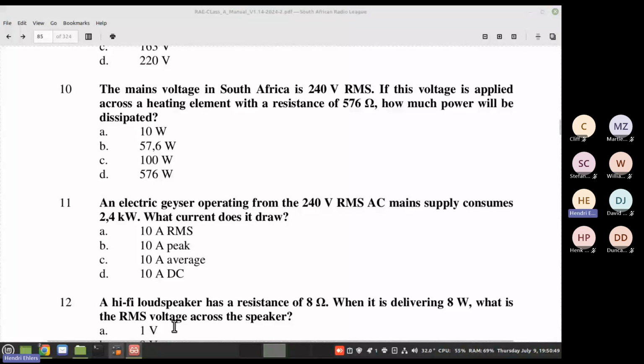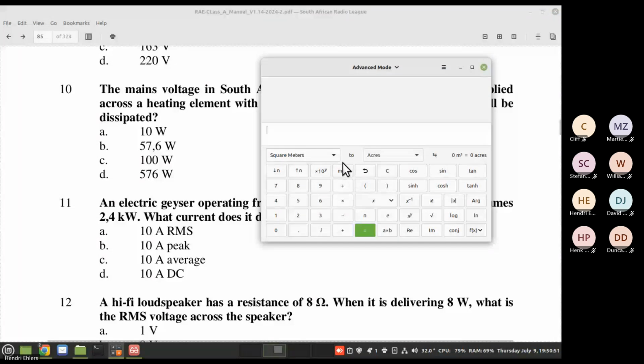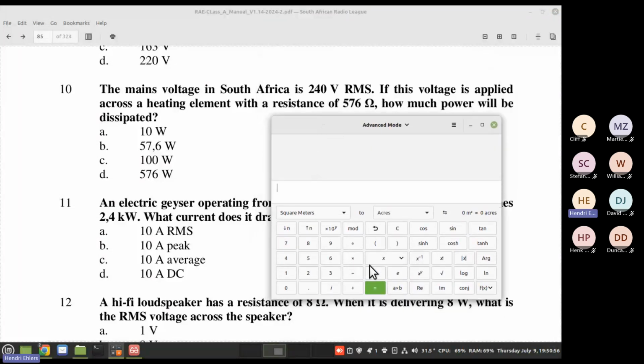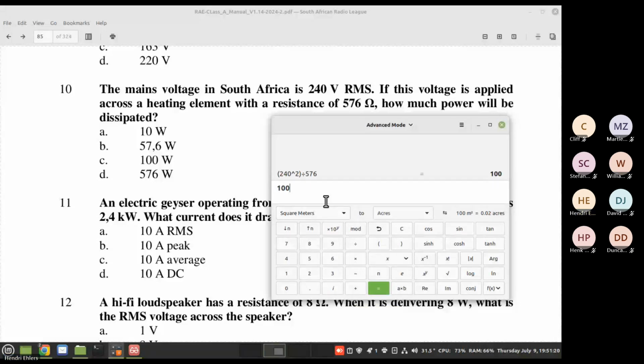So we call on our calculator: the voltage is 240, squared, divided by resistance 576, equals.